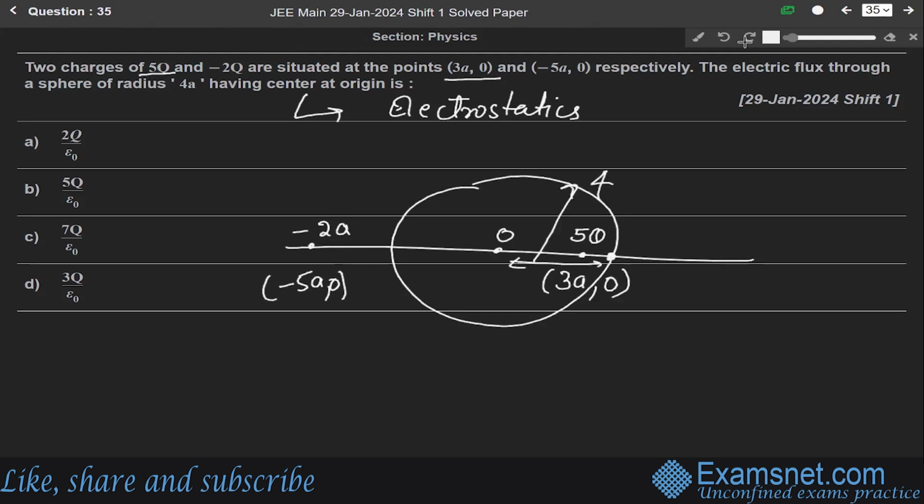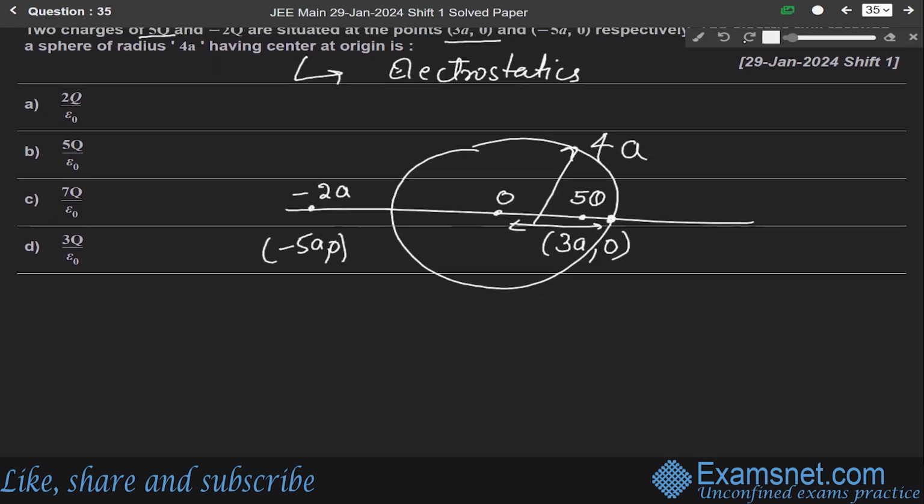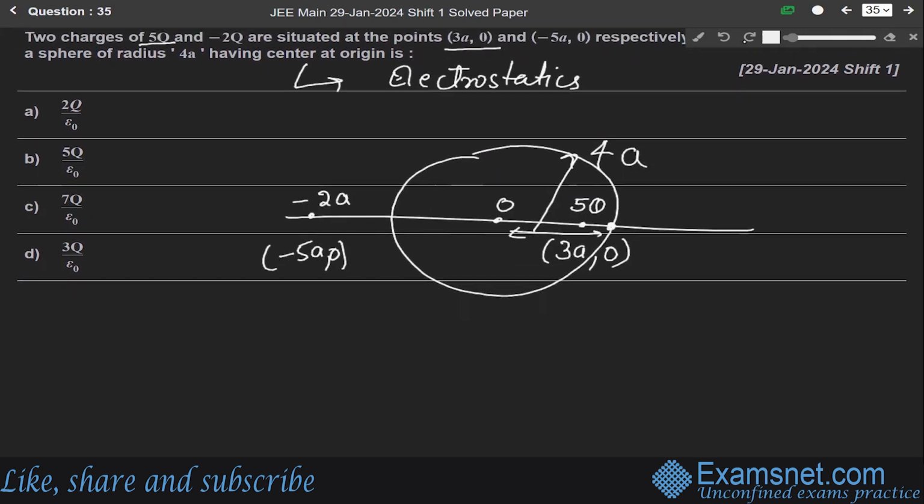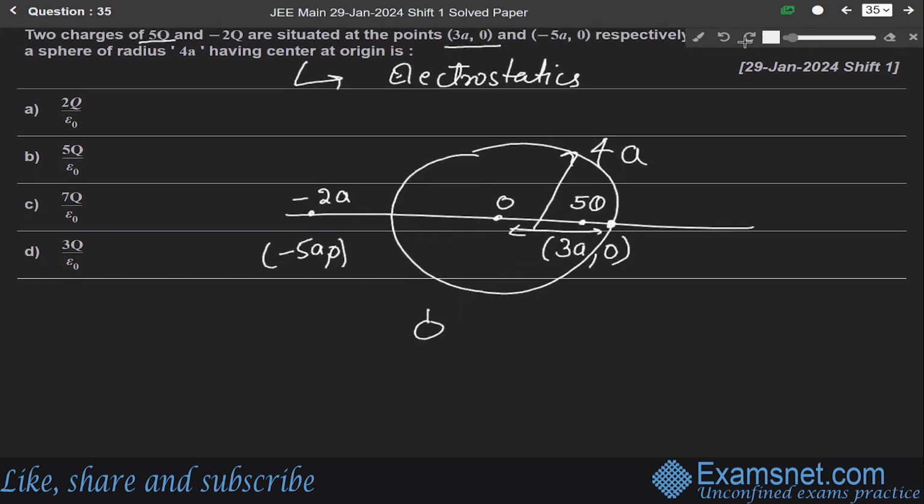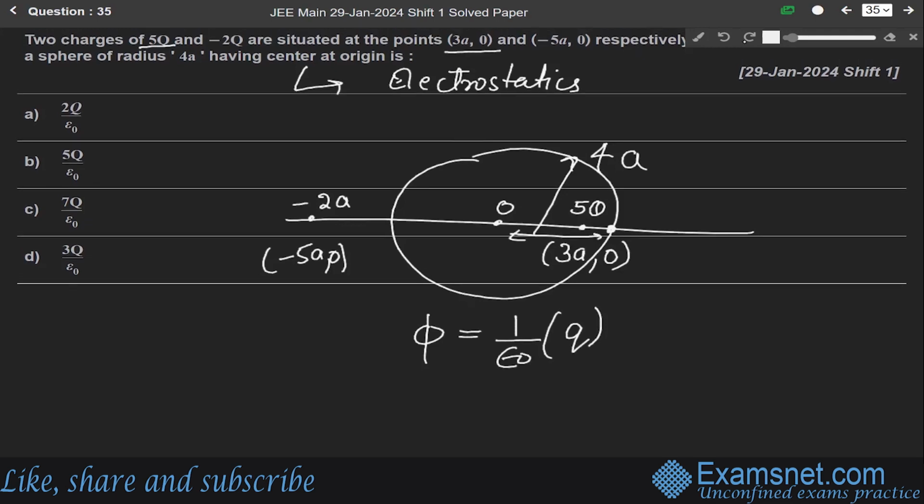So for the electric flux through the sphere, we know from the Gauss law of electrostatics that the electric flux phi, the integration of E dot ds, is equal to 1 over epsilon naught times the total charge enclosed by the surface. This is the Gauss law of electric flux.